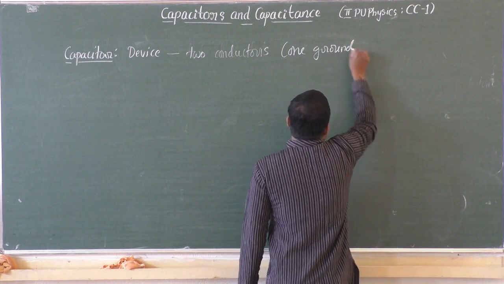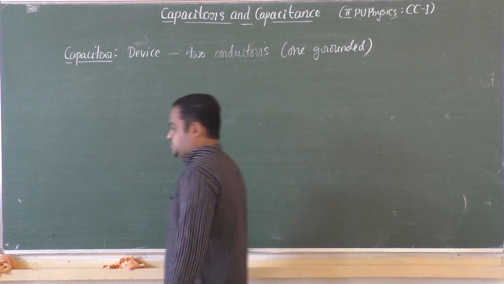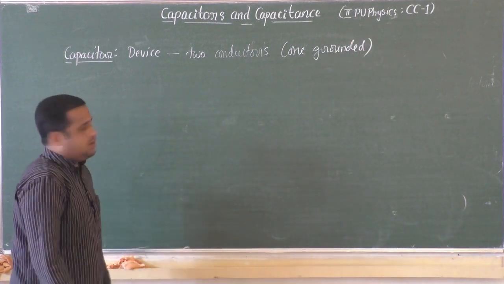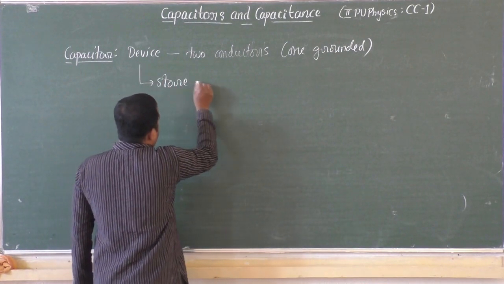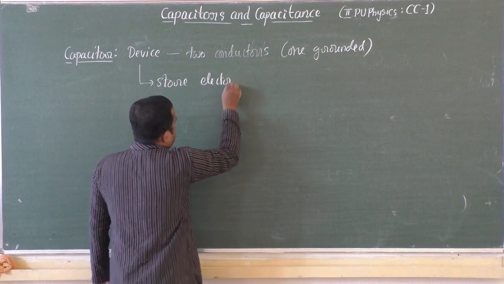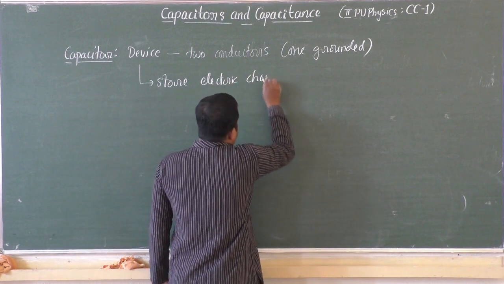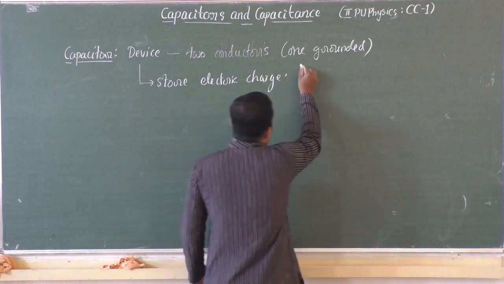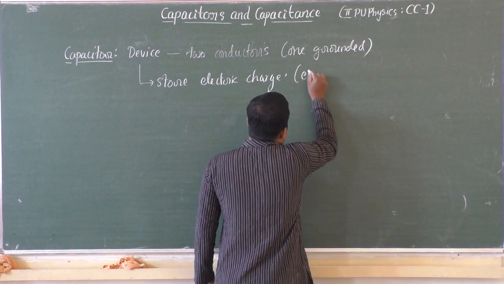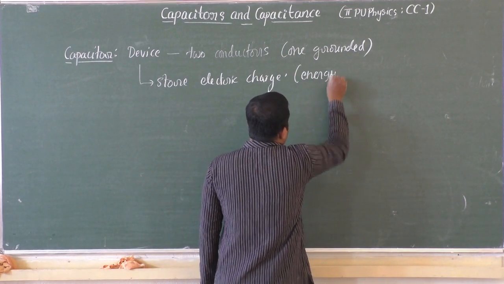One conductor is grounded, okay, earth connected, grounded conductor, and it is a device which is used to store electric charge or electrical energy.